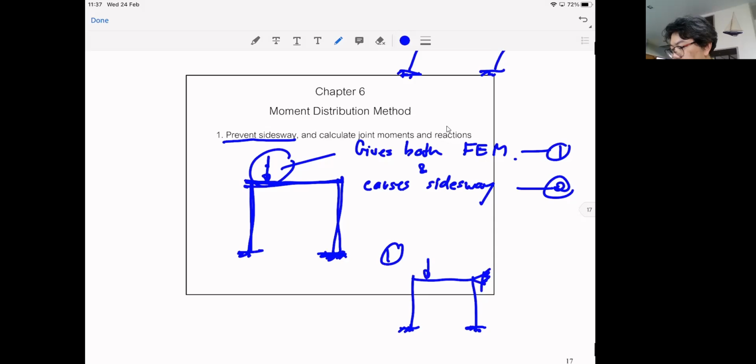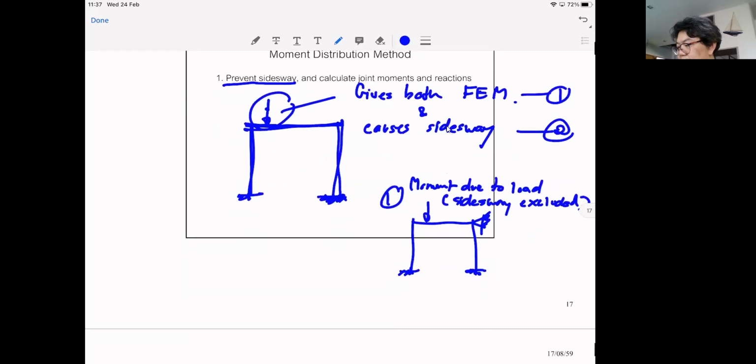I add the support, and then I can carry out my procedure as normal. I can calculate the moment, but this will be the moment due to the load alone, side sway excluded.